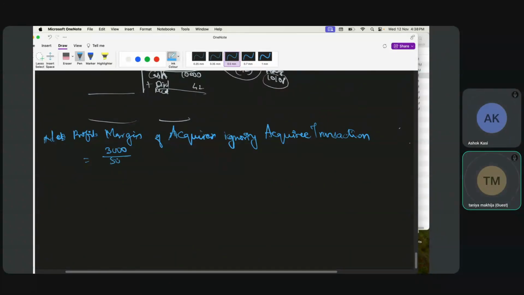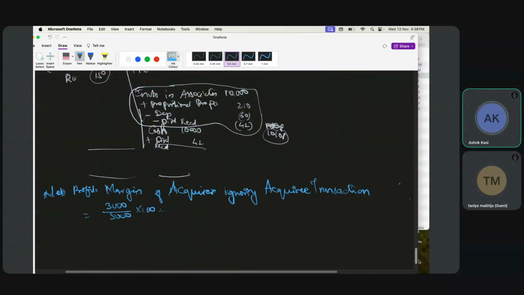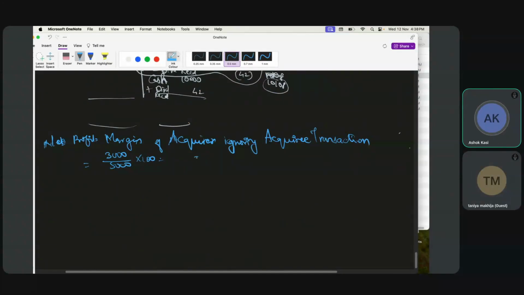Is it okay? One second, can you repeat this one? Net profit margin of acquirer ignoring acquiree transactions. So what is the formula? Net profit margin is net profit by sales. Ignoring acquiree transactions.